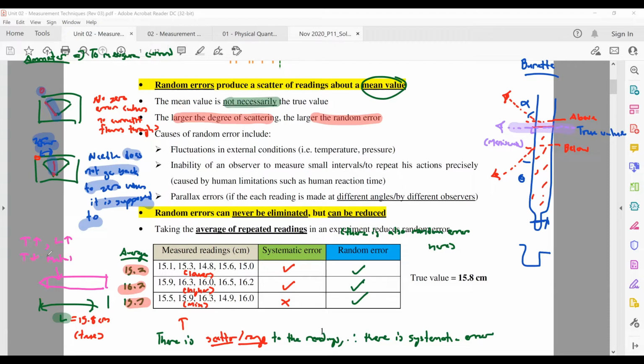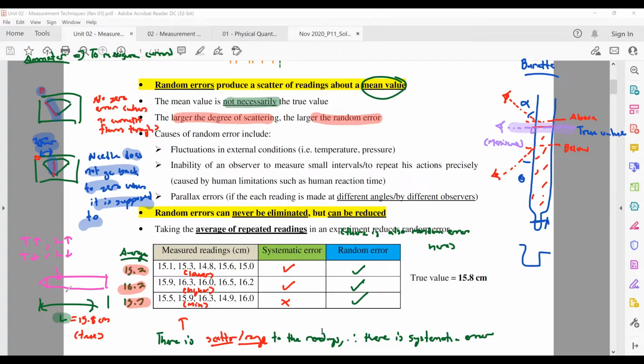If the temperature drops, the metal contracts and the length is smaller.